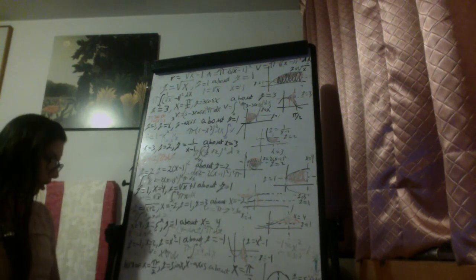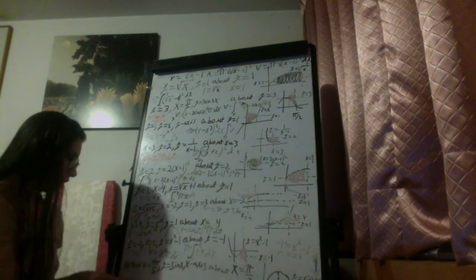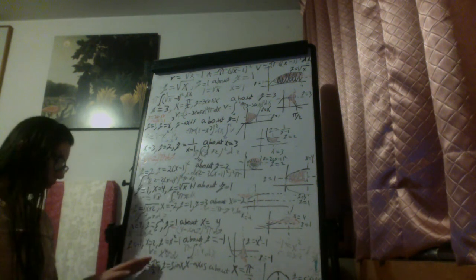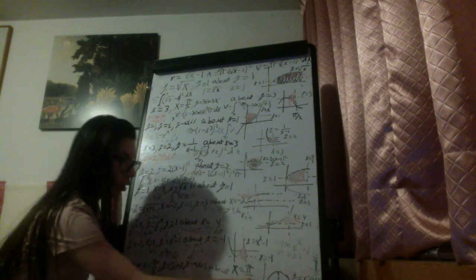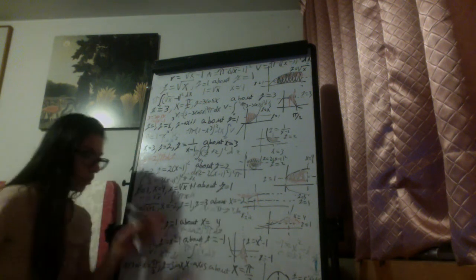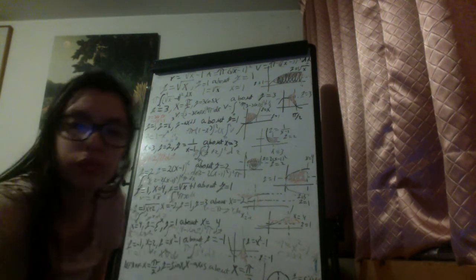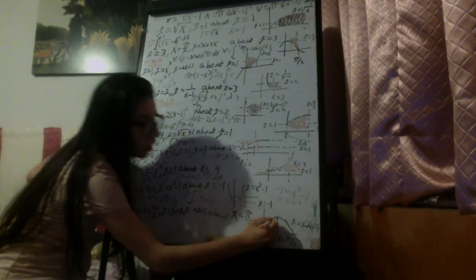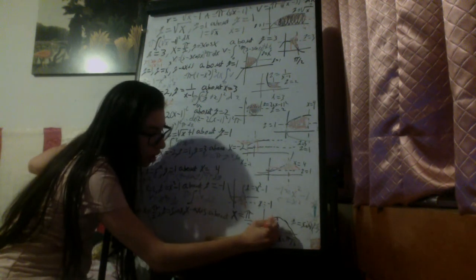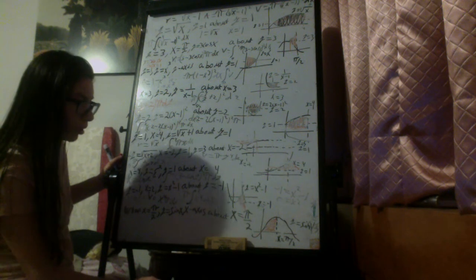And the last one is the region enclosed by y equals sine x, the x-axis, and to the left of x equals pi over 2. So this is sine x, the x-axis is this, and the region to the left of x equals pi over 2. It will be this region, and we will rotate this about x equals pi over 2.